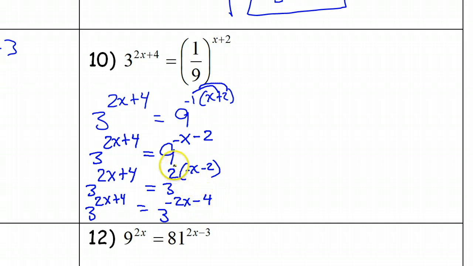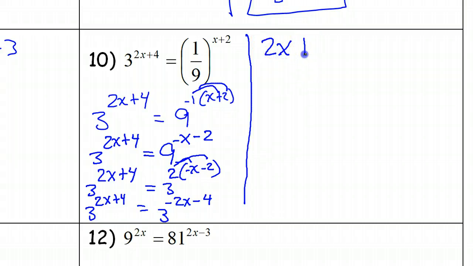All right, I'm distributing. Finally, since the bases are now equal, that means the exponents are equal. So 2x plus 4 should equal negative 2x minus 4.